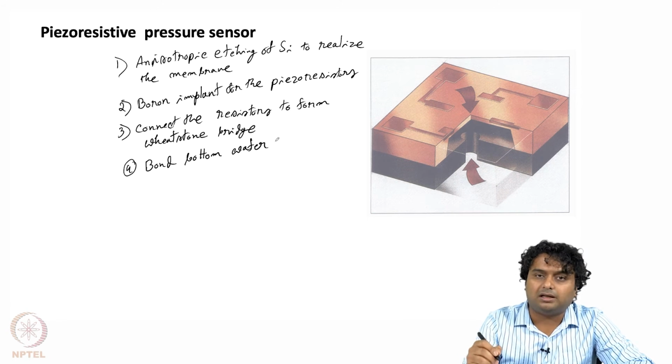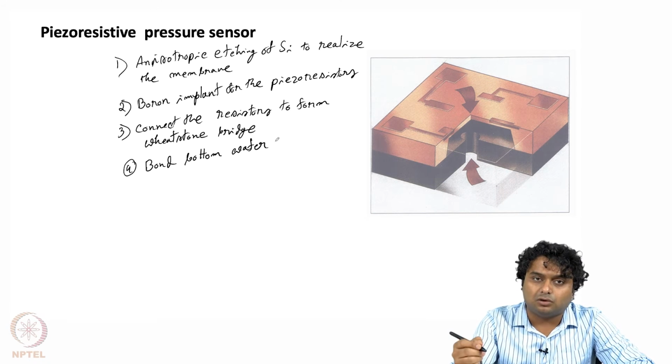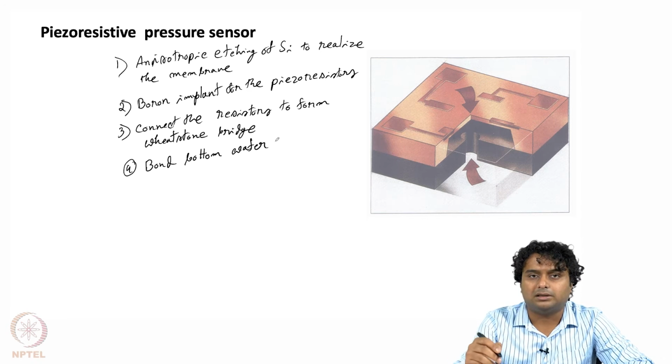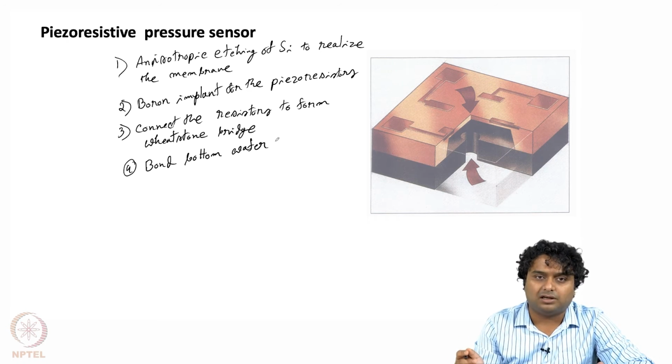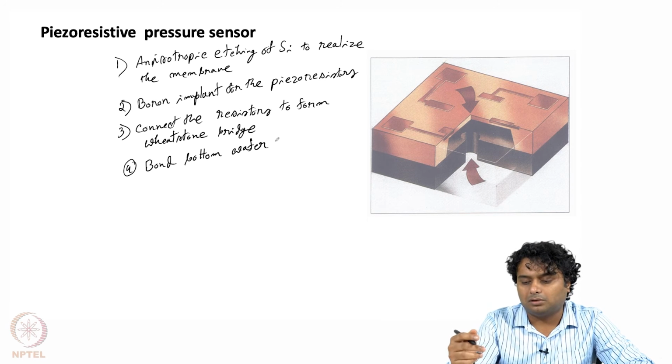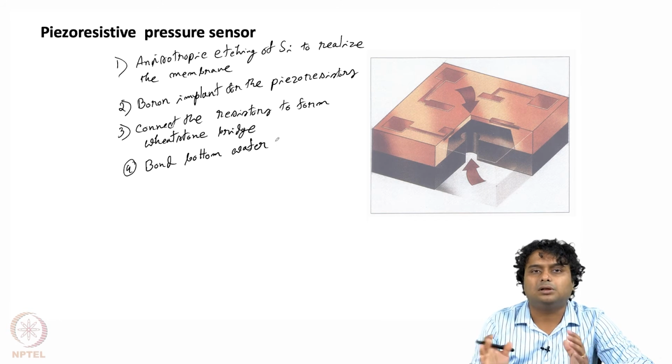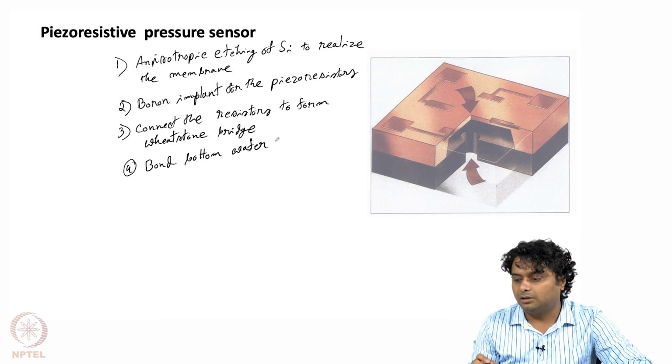Bonding is a technique by which we can actually join two different silicon wafers. We have not discussed it in this course, but you can consider it as gluing two different wafers. Though we do not physically use any glue, we use anodic bonding or high temperature, high pressure bonding, where two silicon wafers join to each other.